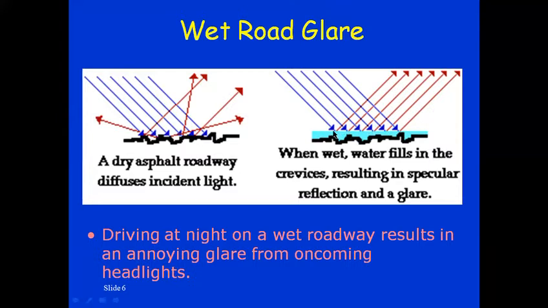But when water is there, it forms a plane surface just above the road. Hence, the light will reflect back in a regular way, and all the light rays will move towards the eyes, and hence a glare will be formed.